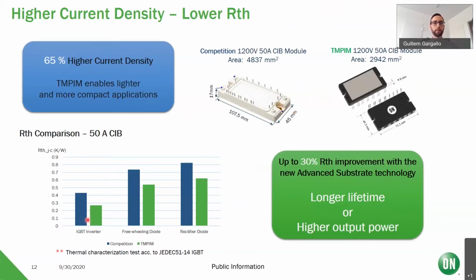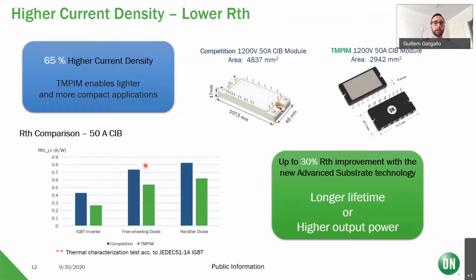And you can see in every single one of the components, in the IGBTs as well as in the diodes, we have up to 30% improvement in the RTH. This in the end can lead to either a longer lifetime if you decide to keep the same junction and the same output power, or you can increase the output power keeping your lifetime.